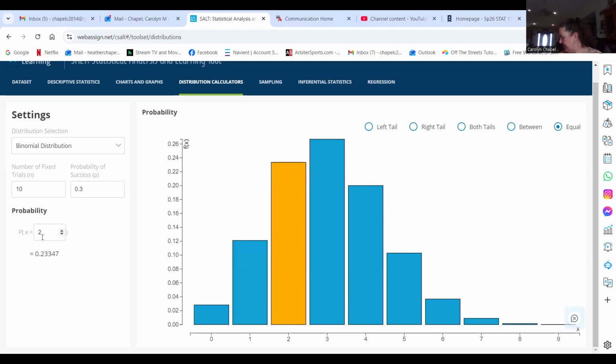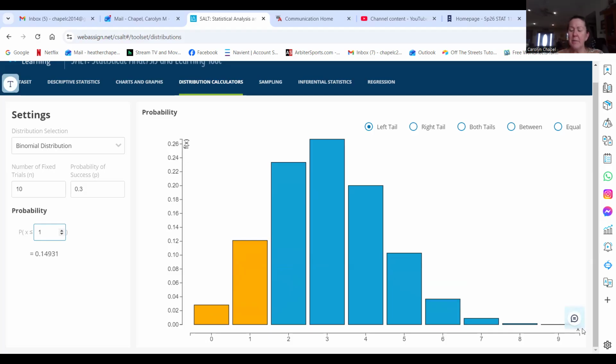The next question asked for less than 2, which means left tail, but we can't do less than 2. We only can do less than or equal to. So we're going to switch that to less than or equal to 1. Notice the yellow bars. Also notice if you highlight over the bars, it does give you the probability of each one. Notice also it only goes up to 9.